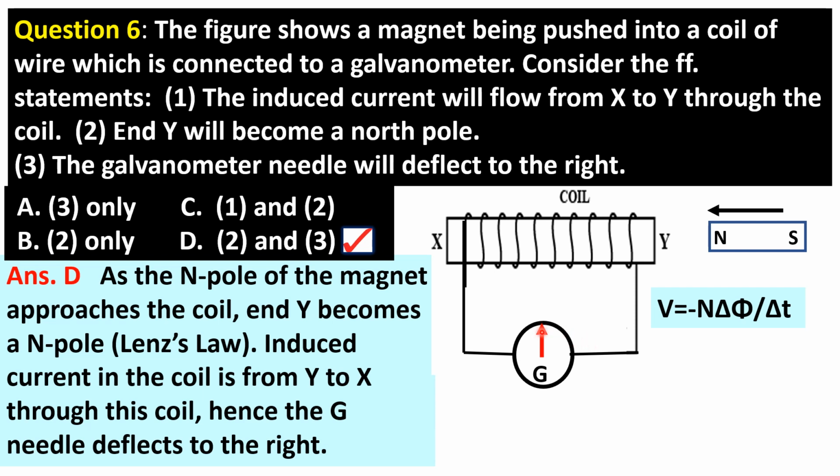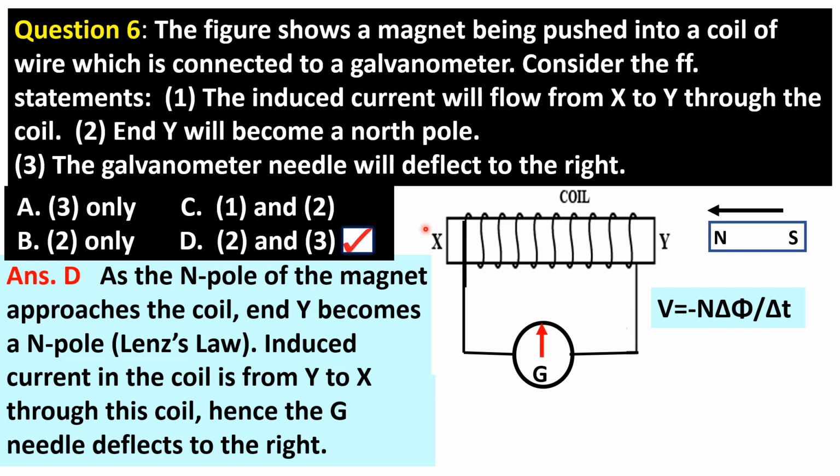So there is a sudden deflection that can be seen in the galvanometer, indicating that there is an induced current detected by the galvanometer. That makes statement number 3 correct. And as far as the current induced in the coil, it is directed not from X to Y, but from Y to X, making statement number 1 incorrect.